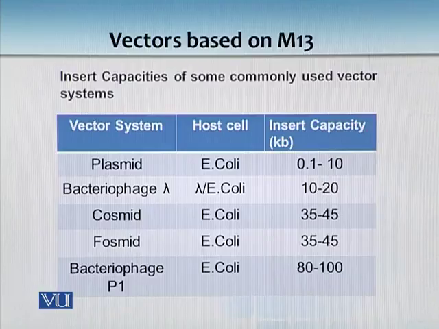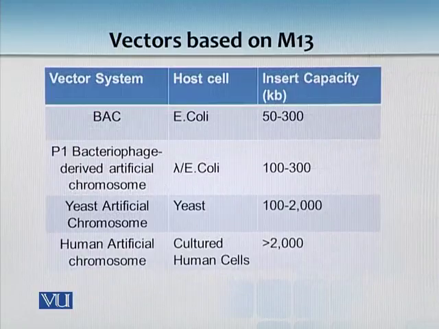Phosmids are very similar to cosmids, but if you know a bit about conjugation regarding the pili, they can form pili as well. That's why they are known as phosmids. And bacteriophage P1, which is another bacteriophage pretty much like lambda, but it has a huge carrying capacity, can take 80 to 100 kilobase pairs of insert.